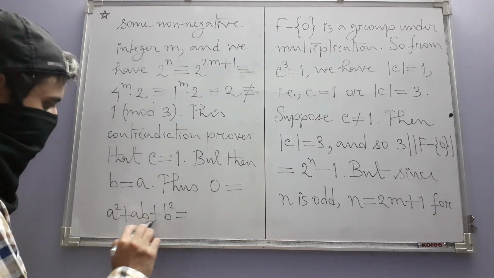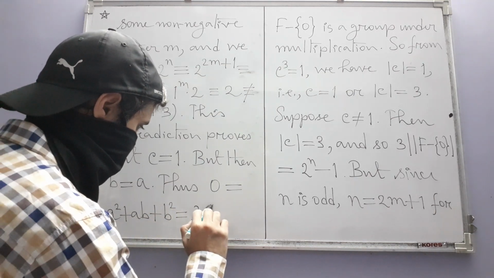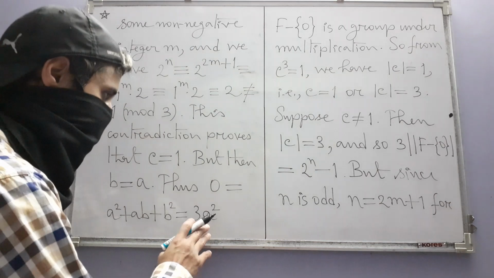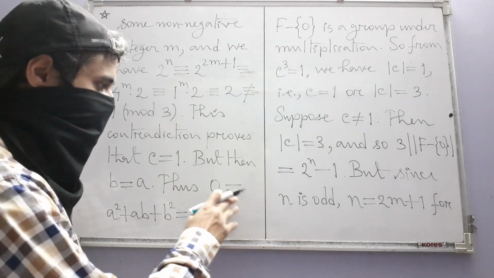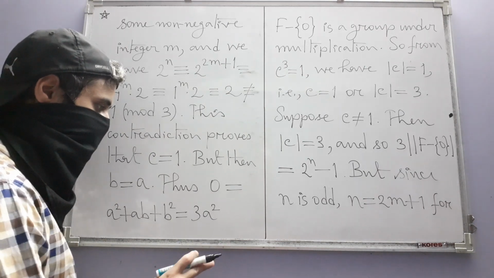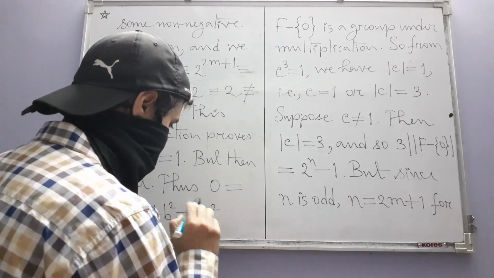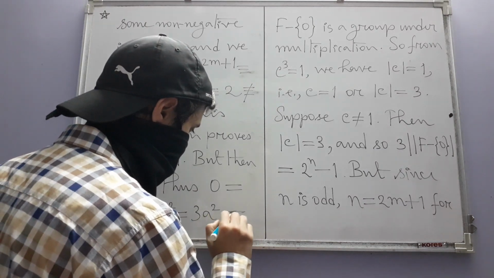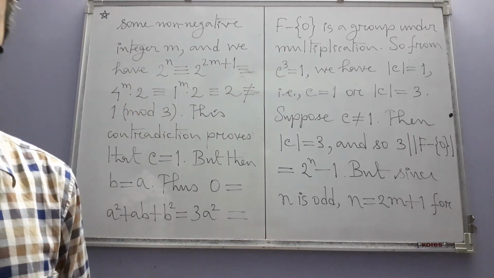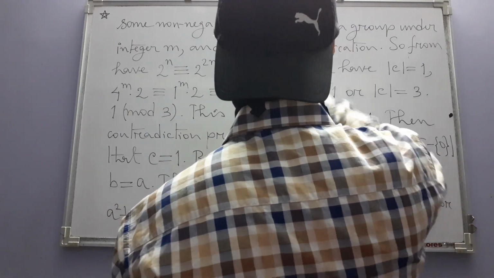So how many A squares we will get? 3 A squares. But because the field has order 2 to the power n, and we know that in such a case the field must have characteristic 2, we can just simply write in place of 3a square, 3a square minus 2a square, because minus 2a square will be 0.